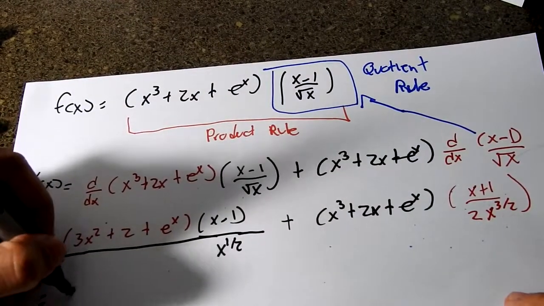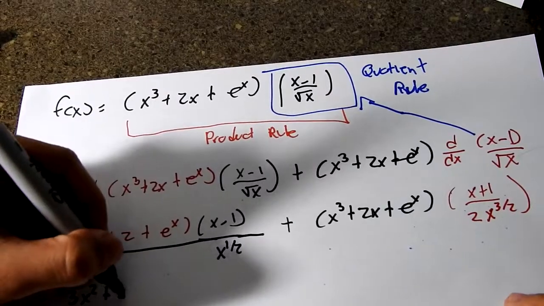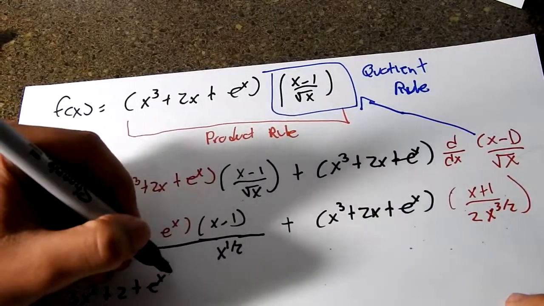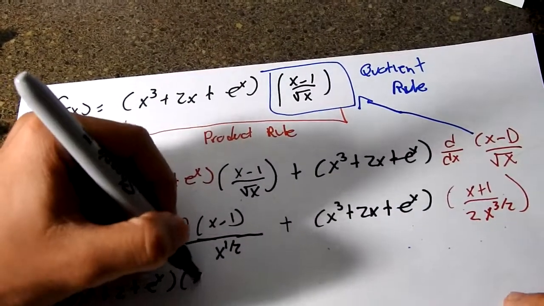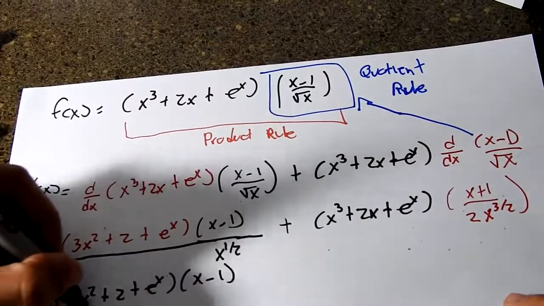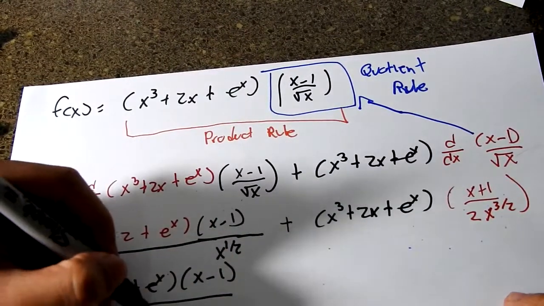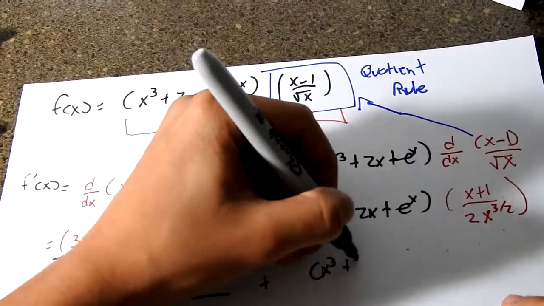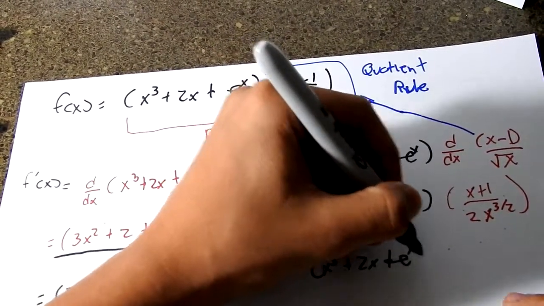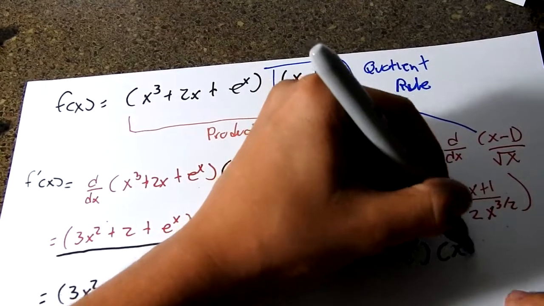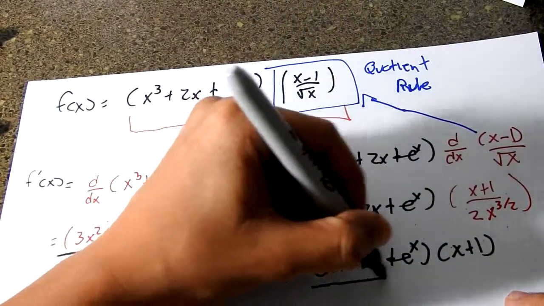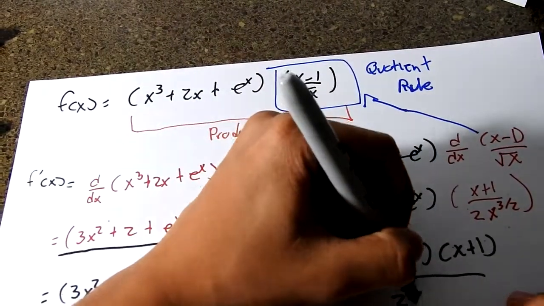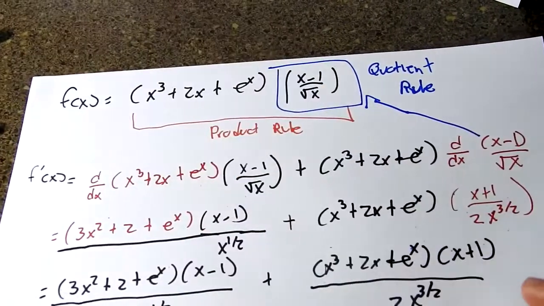So we have 3x squared plus 2 plus e to the x times x minus 1 over x to the 1/2 plus x cubed plus 2x plus e to the x times x plus 1 over 2x to the 3/2.